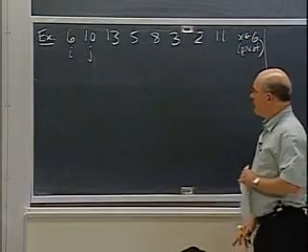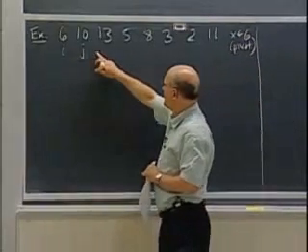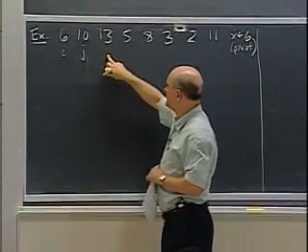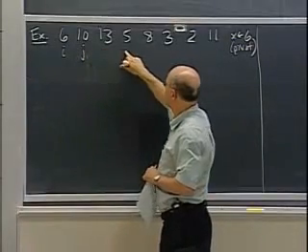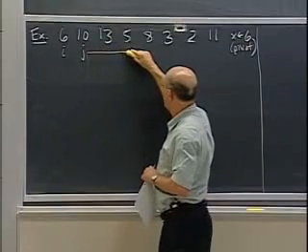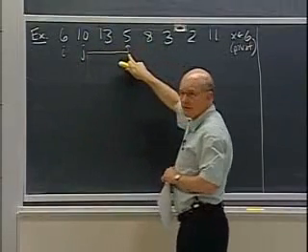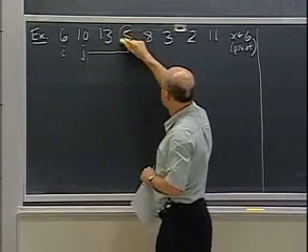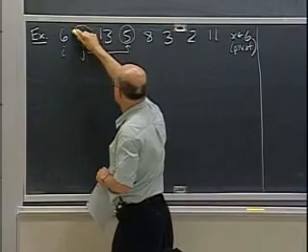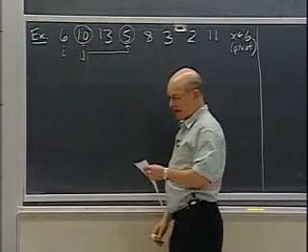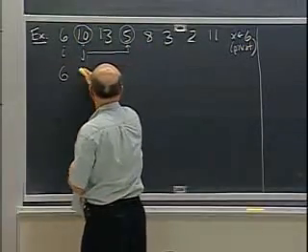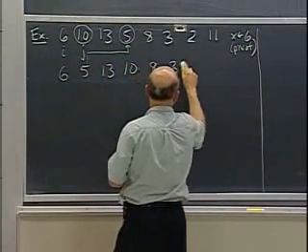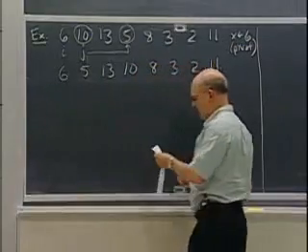And what we do is we start scanning right. Essentially, that code is scanning right until it gets something which is less than or equal to the pivot. So j keeps incrementing until it finds something that's less than or equal to the pivot. In that case, it's the number 5. And then it says, well, swap these two things. And it does that, and we get 6, 5, 13, 10, 8, 3, 2, 11.